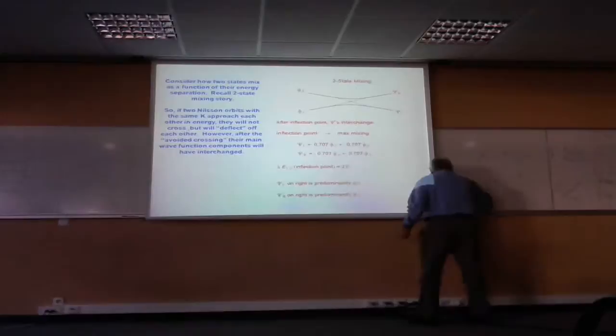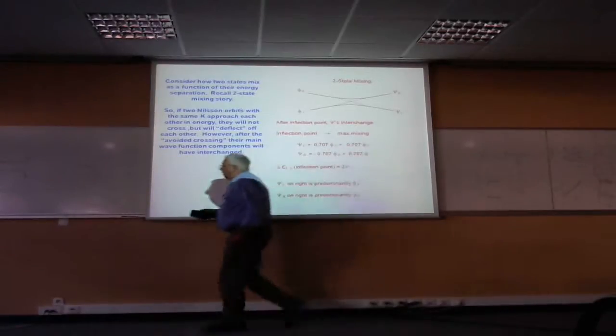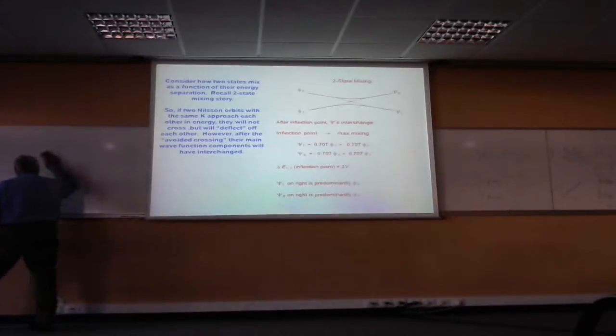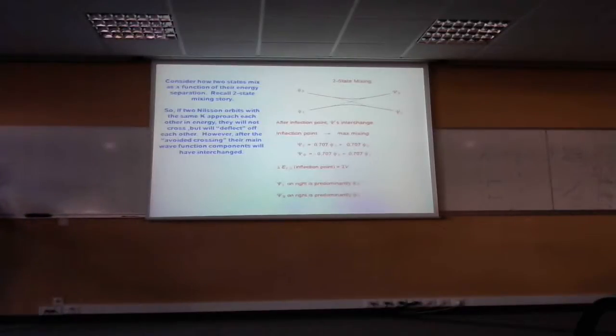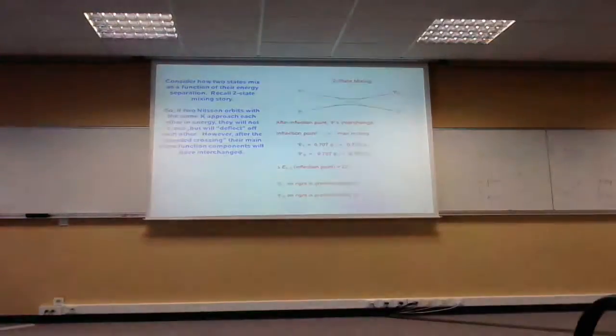Now suppose that I take a case where the unperturbed separations change as a function of deformation. Here's the deformation axis, and I'm taking two spherical single particle levels whose initial linear behavior starts off so that they're approaching each other.